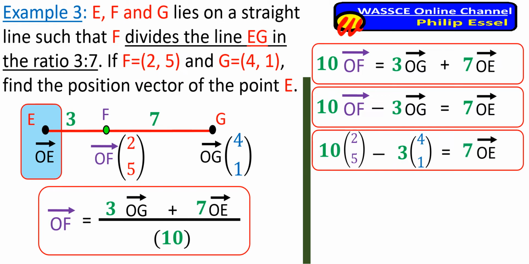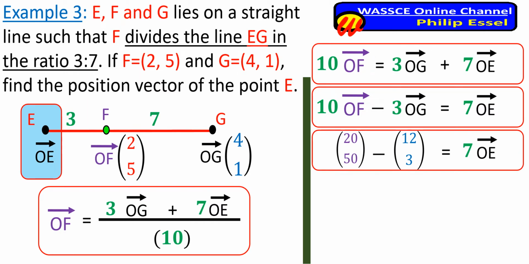7 vector OE. Now the 10 times the vector 2, 5 would give us the vector 20, 50. And the 3 times the vector 4, 1 would also give us the vector 12, 3. So now we have the vector 20, 50 minus the vector 12, 3.